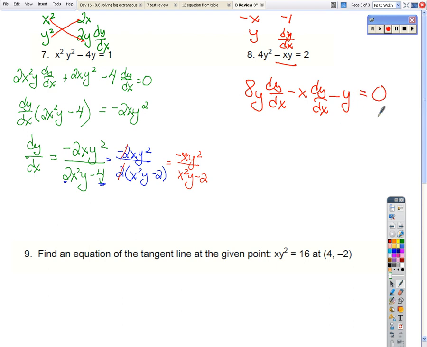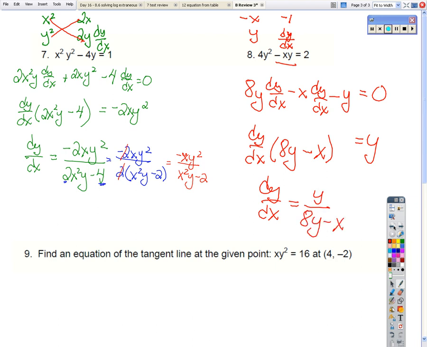I'm going to move this y over and factor out a dy/dx from these terms, and divide both sides by 8y minus x.